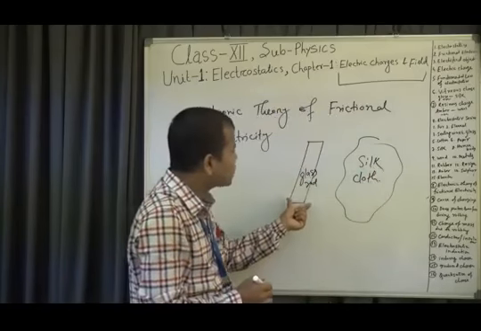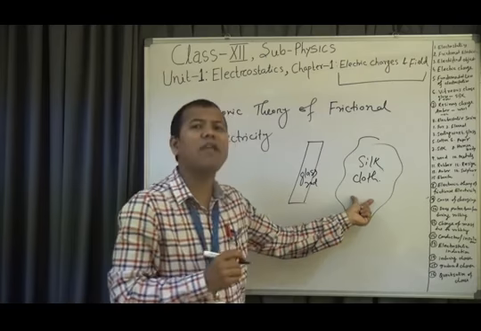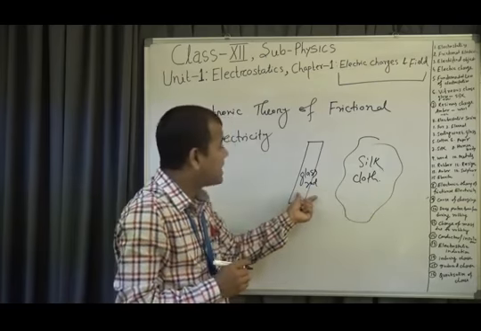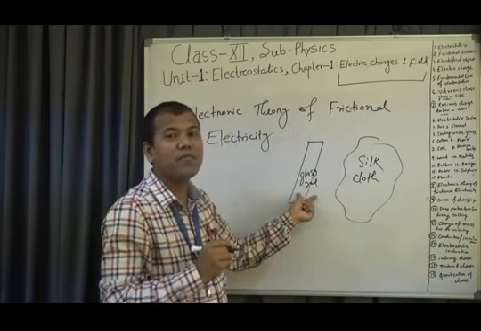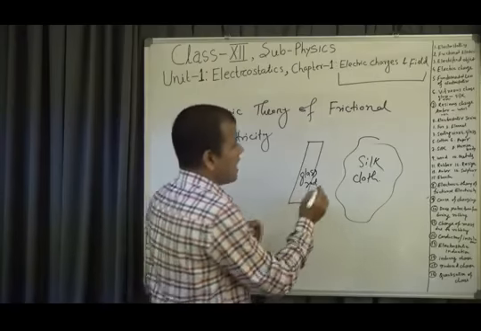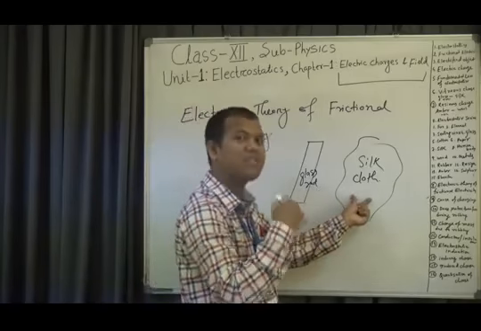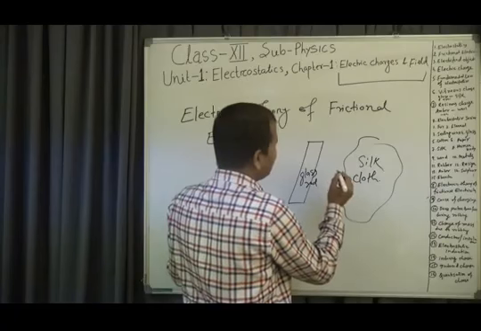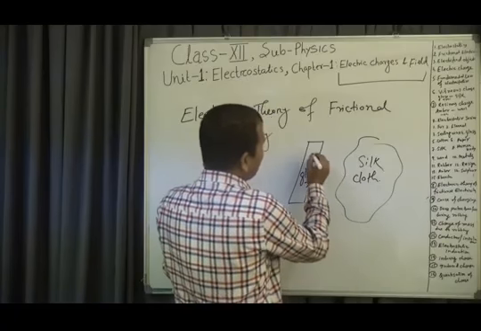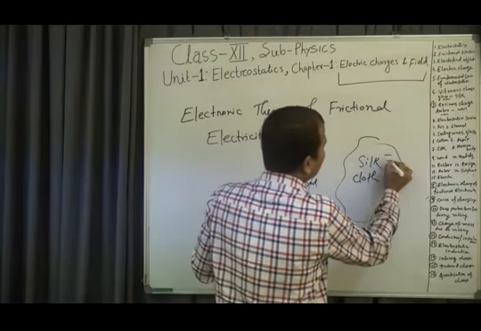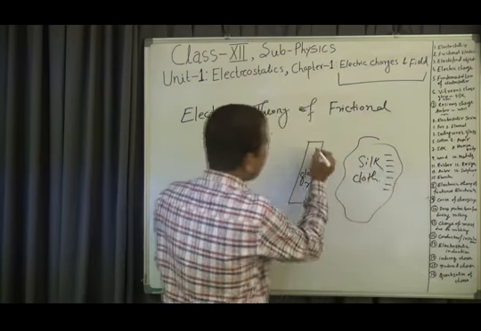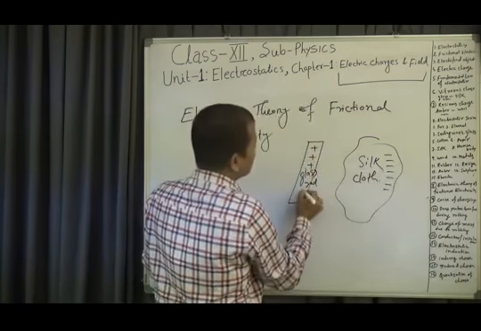Whenever this glass rod is rubbed with silk cloth, what will happen? That glass rod will lose the electrons and the silk cloth will acquire those electrons. That means electrons will be transferred, and the silk cloth will be negative and the glass rod will be positive.